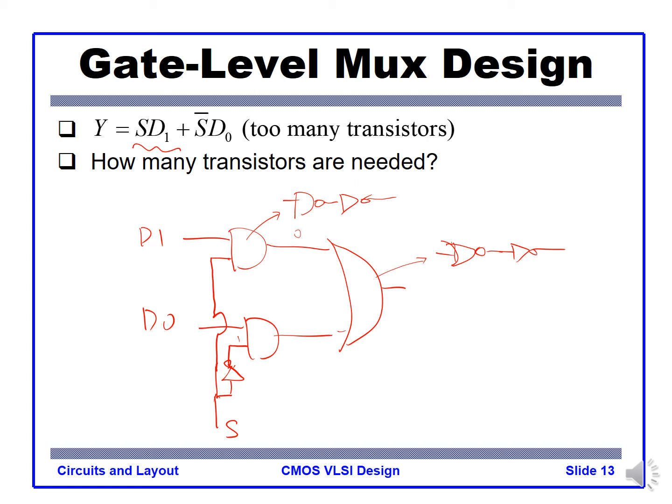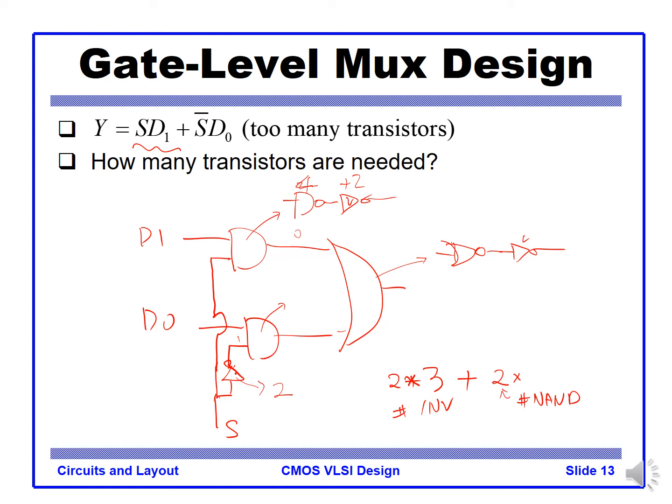So if you count the number of transistors, the inverter has 2, and the AND gate has 4 plus 2.